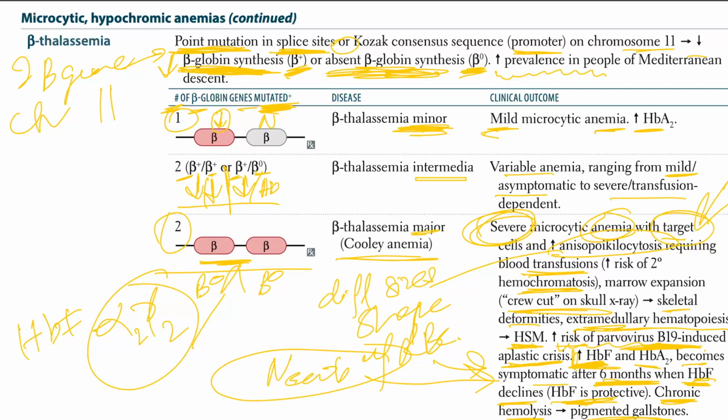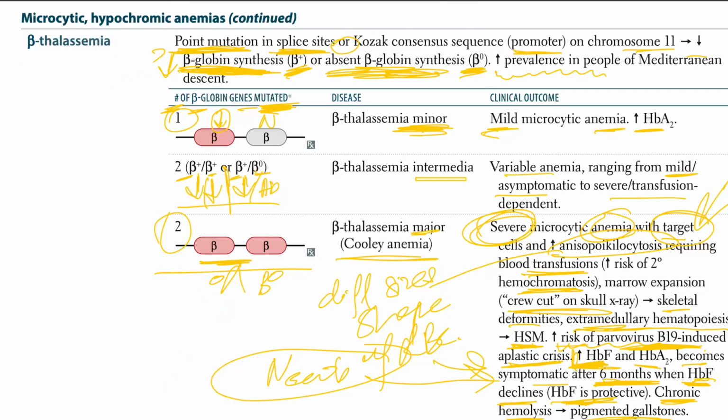Okay, so now let's have a summary. If we knock out one beta gene, the other is working fine. So that is called minor, and major means you knock out both beta genes. In the minor, you just have microcytic anemia, and compensatory, you have an increase in HbA2.